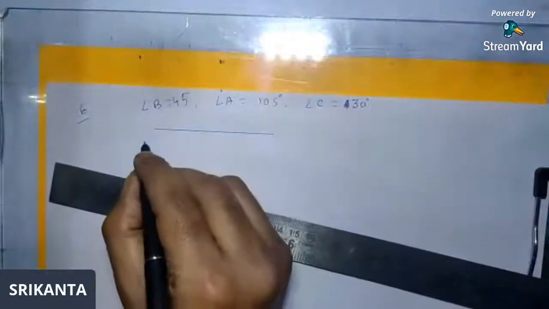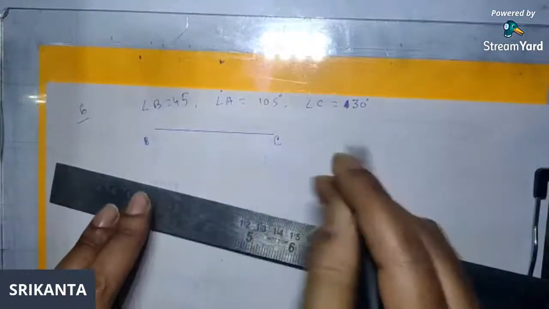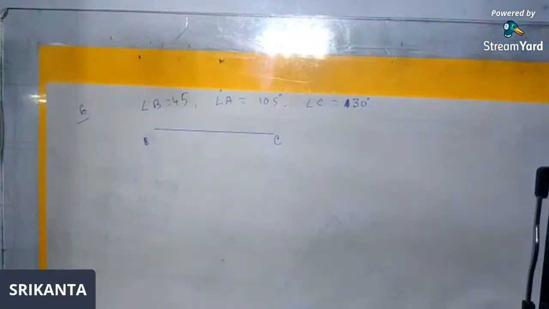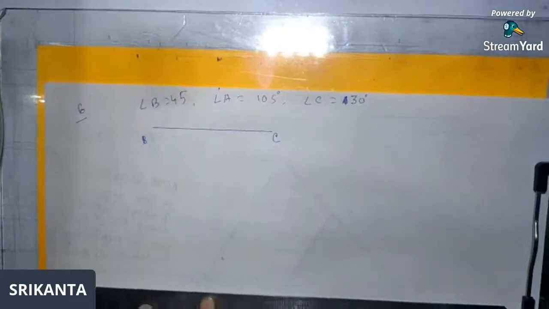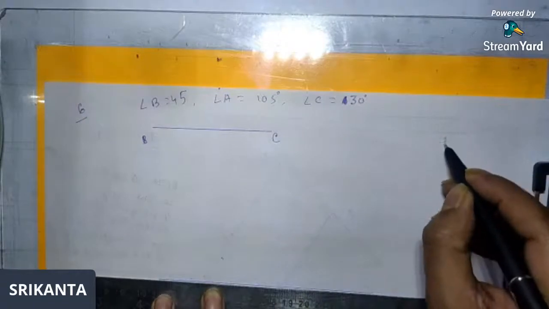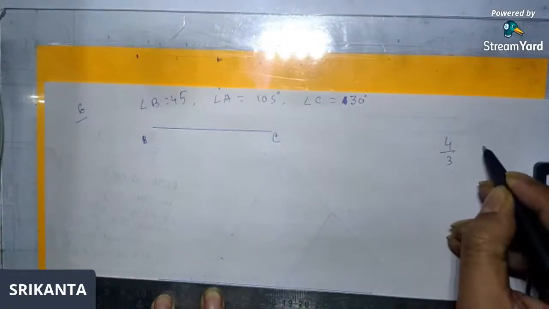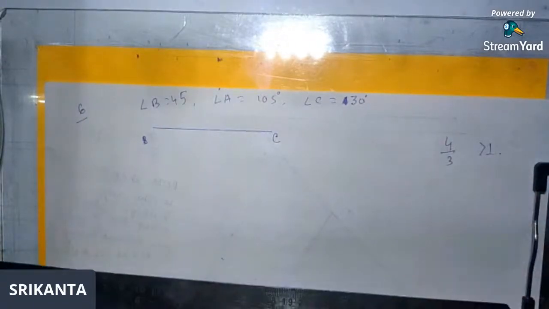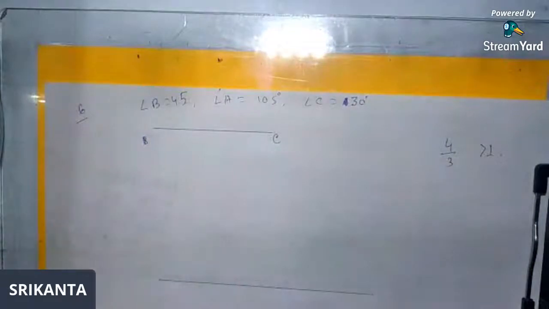Right? So this is BC. Now how will we do it? At first, draw the big line segment. Remember the ratio is 4 by 3, which is greater than 1. This is our second type.